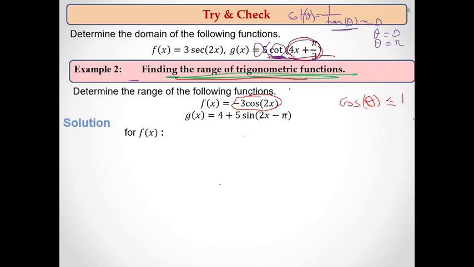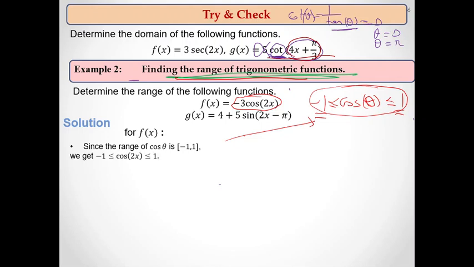Sine theta is between -1 and 1. So this is the range of cosine, right? -1 to 1. We will start from this fact. So no matter what x is, the input, cosine 2x is between -1 and 1.